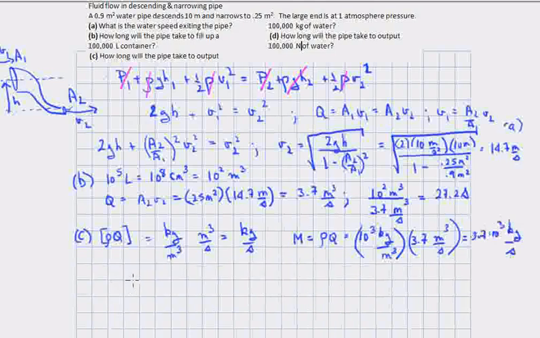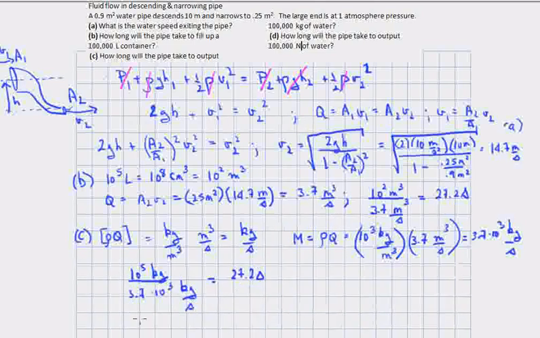And in order for the pipe to output 100,000 kilograms of water, 10 to the fifth kilograms, I simply take the 10 to the fifth kilograms and I divide by my mass flow rate, 3.7 times 10 to the third kilograms per second. And I get 27.2 seconds. Same thing I got for part B.